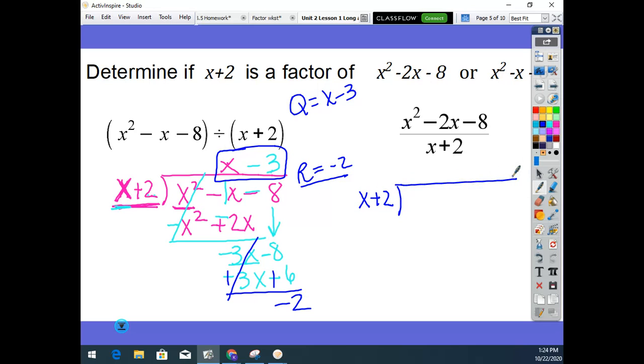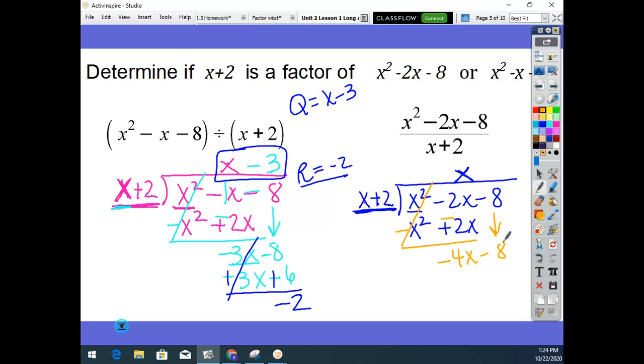Still using long division. What do you multiply x by to get x squared? X. X times x is x squared. X times 2 is 2x. Remember, you're always taking this and distributing it all the way across. When you draw the line, change the signs. The front part should always cancel. -2 and -2 is -4x.